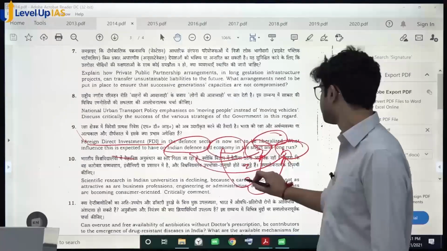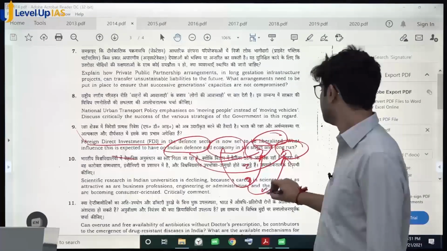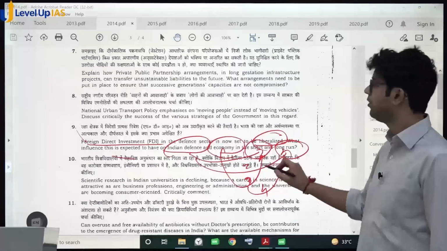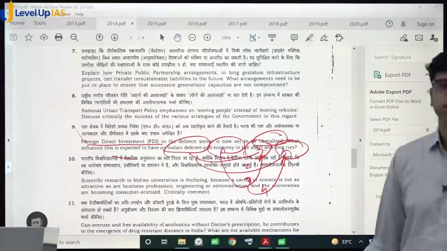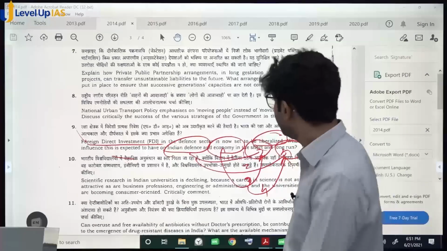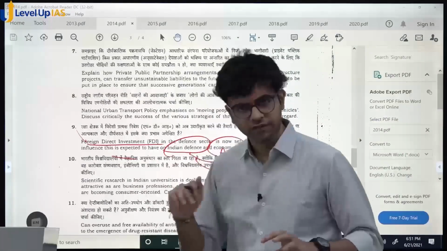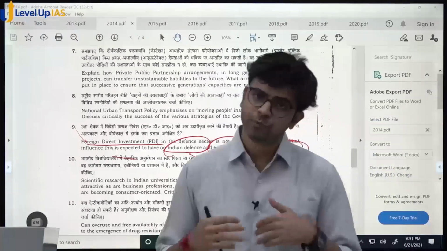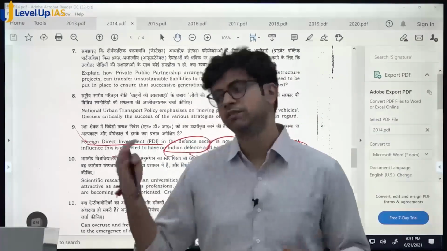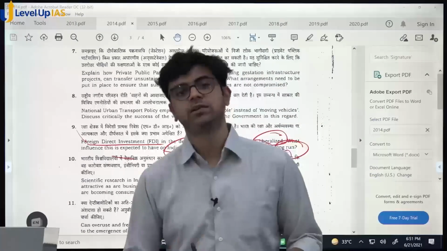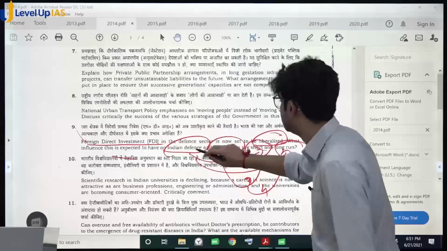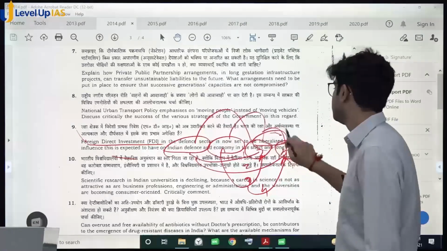So 1, 2, 3, 4: 4 parts. You can divide your question into 2 parts also, like economy short and long, defense short and long. But please make sure that you address all 4 parts: defense short and long, economy short and long.